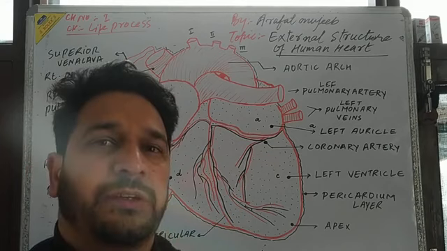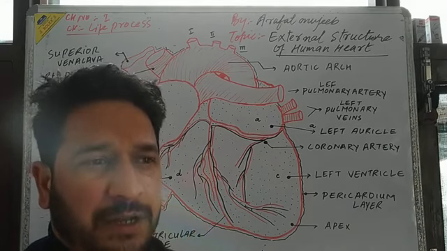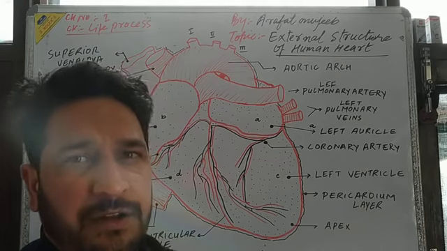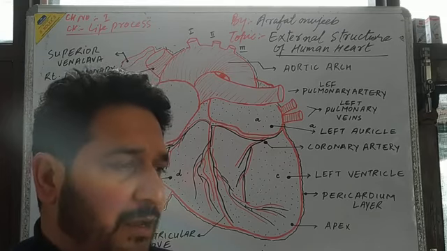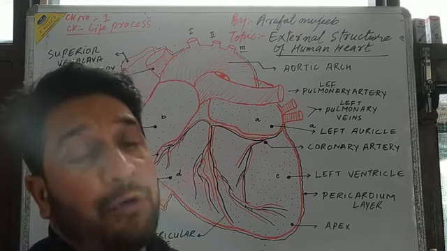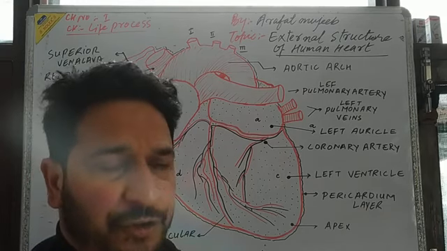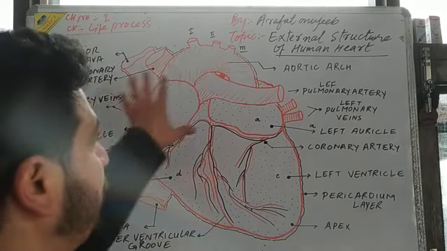Due to this, the heart is known as the pumping organ. It pumps blood, and the main part of the human circulatory system is the heart. Now we have the morphology of the human heart.